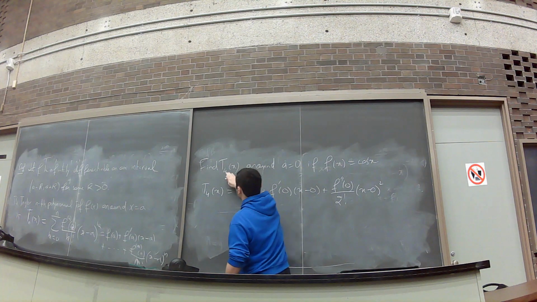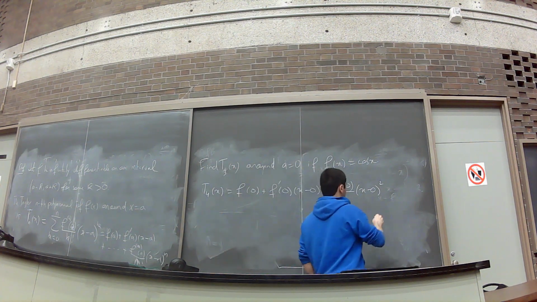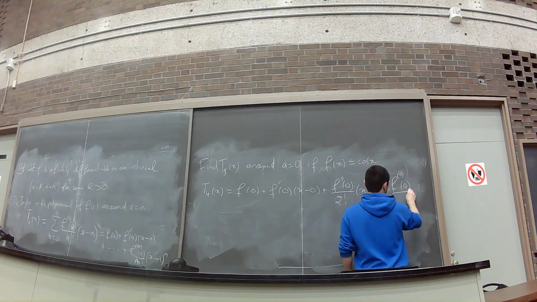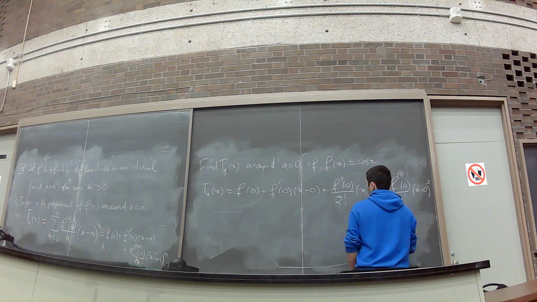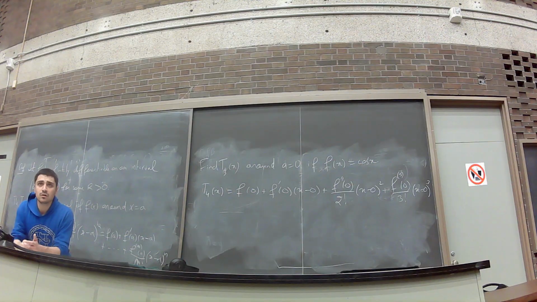I mean, let me just write it here. Plus f triple prime of 0 over 3 factorial times x minus 0 cubed. Okay, f of x is equal to what? To cos x. What is f of 0?